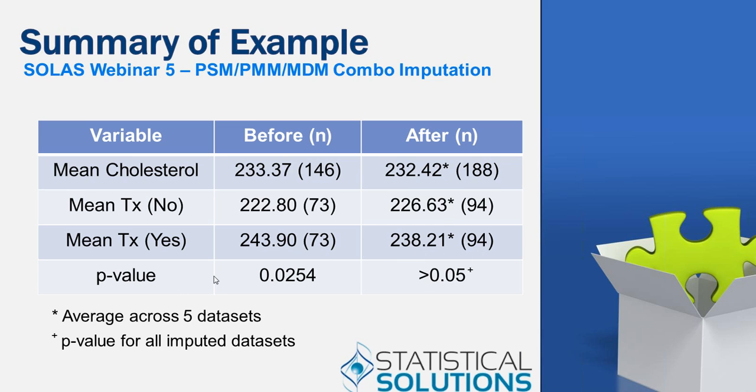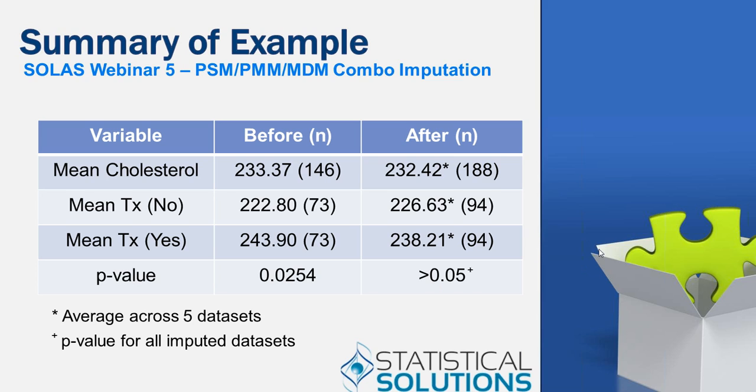The star here just says that this is the mean value across all 5 data sets for each group. And the p-value went from 0.025, which was a significant difference, to greater than 0.05, which was a not significant difference across all 5 imputed data sets.